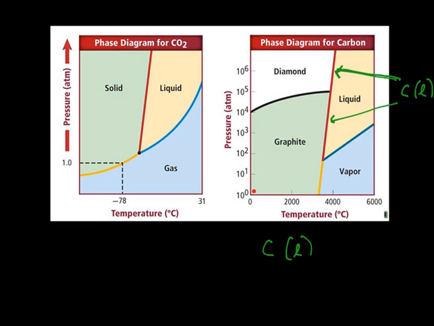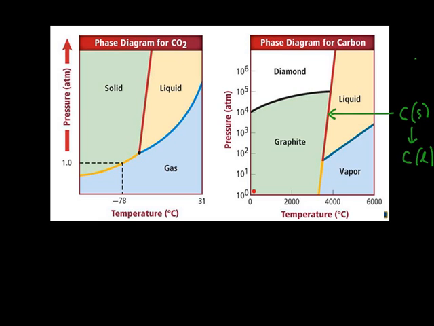So you will start having the formation of liquid carbon. And if you want to vaporize carbon, to go from carbon liquid to carbon gas, which pertains to this line, obviously high temperatures but lower pressures will do that.